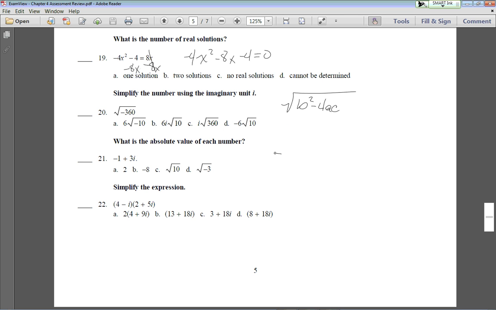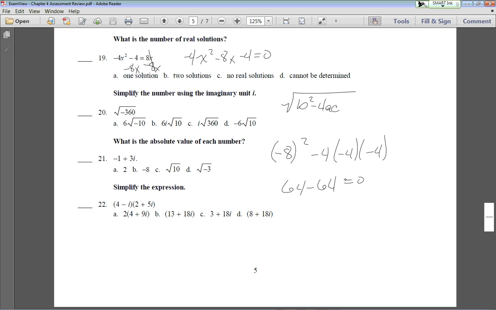So b in this case is negative 8 squared minus 4 times a, which is negative 4, times c, which is also negative 4. So this here is 64. 4 times 4 is 16. 16 times 4 is also 64. And then 3 negatives means it's a minus 64.